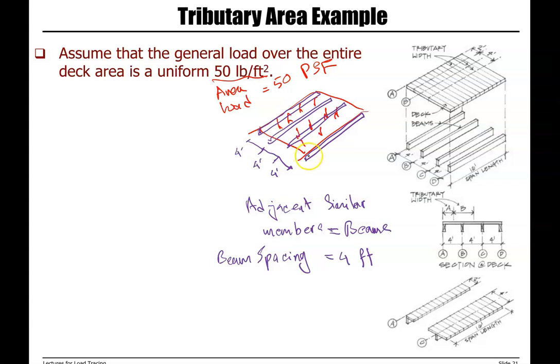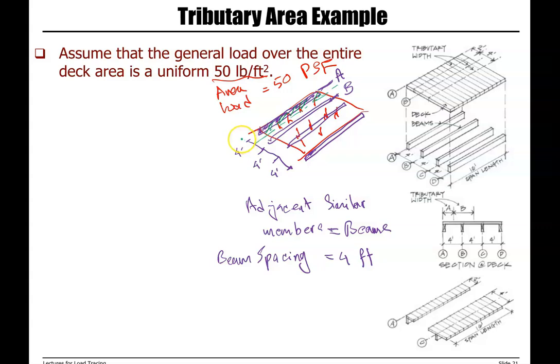So if we look at beam A, it only has one adjacent member, which is beam B, along line B. So tributary area for beam A is half of the area between A and B. This is tributary area.